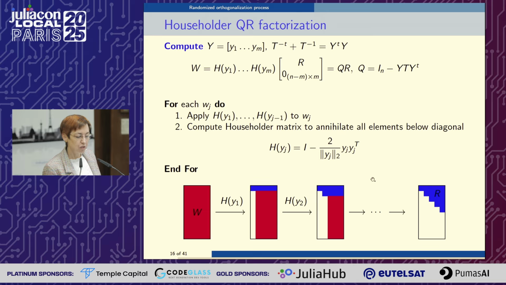And then it proceeds until it has annihilated all the elements below the diagonal and obtained an upper triangular factor R. And these Householder vectors Y can be stored in a matrix capital Y here. And the orthogonal factor Q has this compact representation, which is identity minus Y, the Householder vectors, T, which is an upper triangular matrix, and Y transpose.